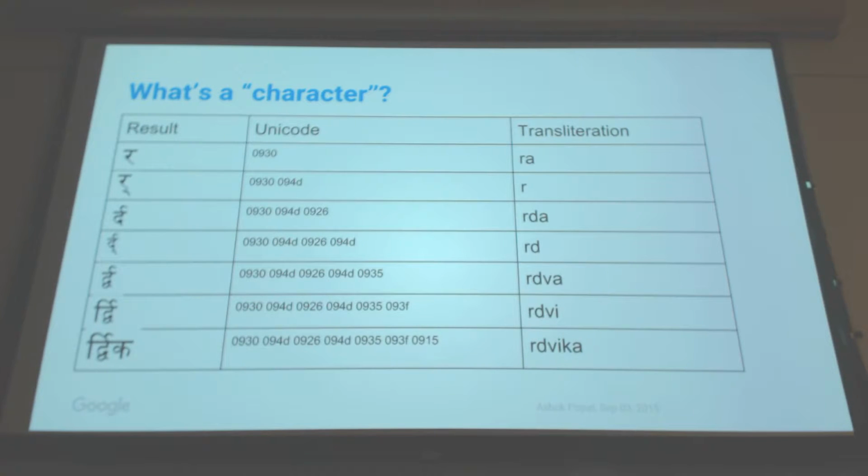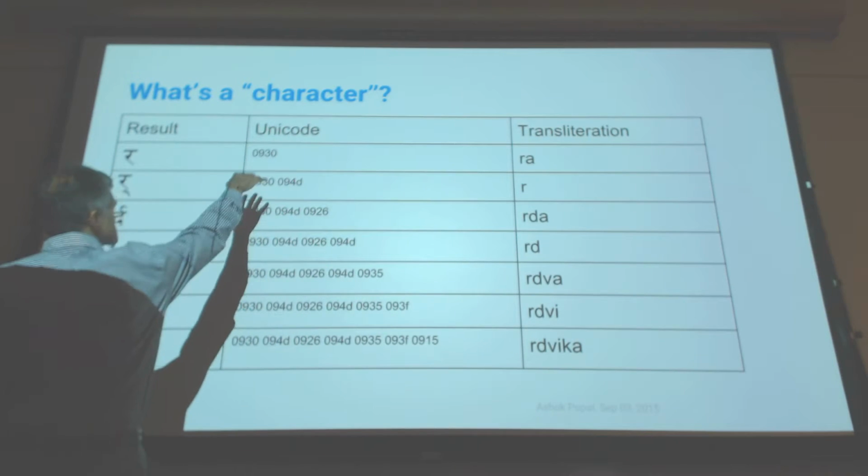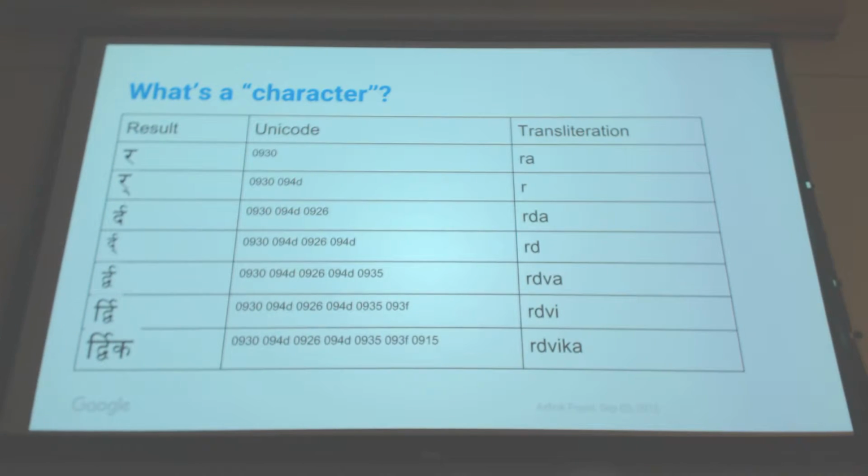In the case of Devanagari here, I'm actually not a native speaker of Hindi, so my colleague Dimitri is the expert on Hindi, and this is his slide. But I think the main point of this slide is that if you have a Unicode sequence which grows in this way, then the rendered glyph sequence, or the character, grows in this way.